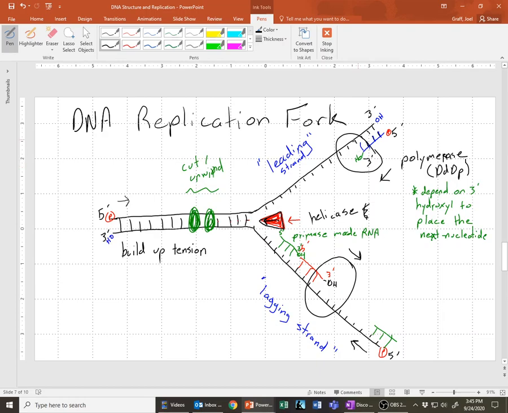The leading strand is easy to make double-stranded. The reason for that is that polymerases, in this case we have a DNA-dependent DNA polymerase, it depends on a 3' hydroxyl to place in the next nucleotide.